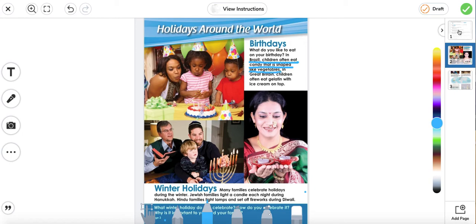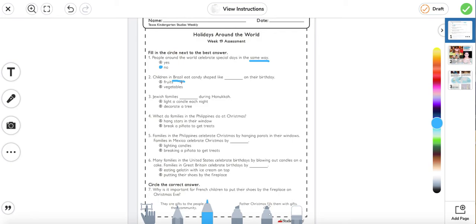So let's go back to the test. Children in Brazil eat candy shaped like vegetables on their birthday.